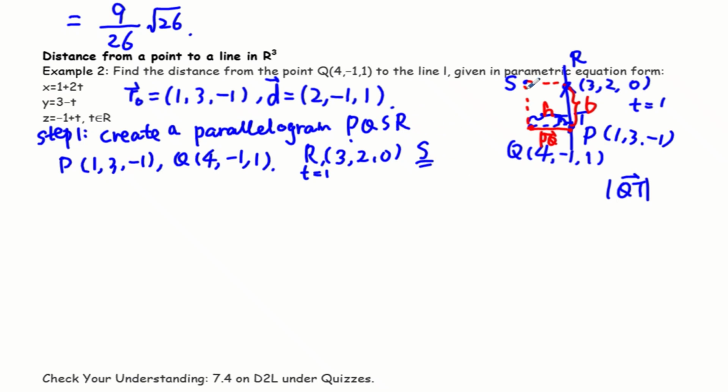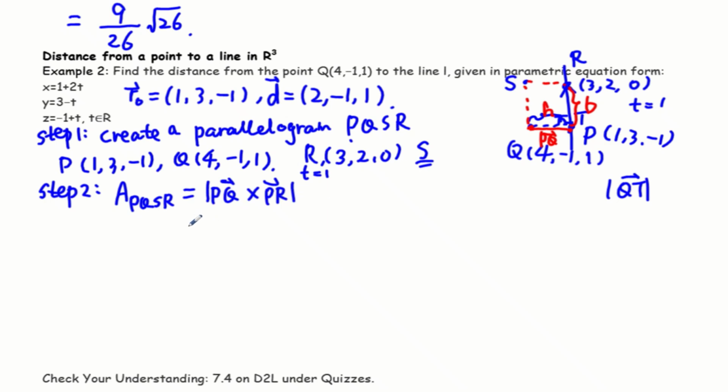The reason for that is we want to find the area of this PQSR. It equals cross product, base times height. So it will be just PQ cross PR. That's the reason we don't need the x, y, z coordinates for S. So PQ cross PR.